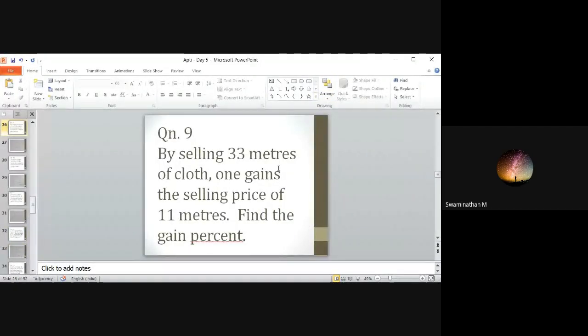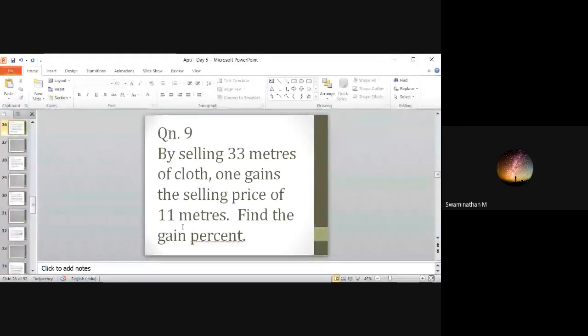By selling 33 meters of cloth, one gains the selling price of 11 meters. Find the gain percent. Okay. There is a small similarity with the previous problem, but also a slight difference. So I will explain. By selling 33 meters of cloth, the profit alone is equal to the selling price of 11 meters.